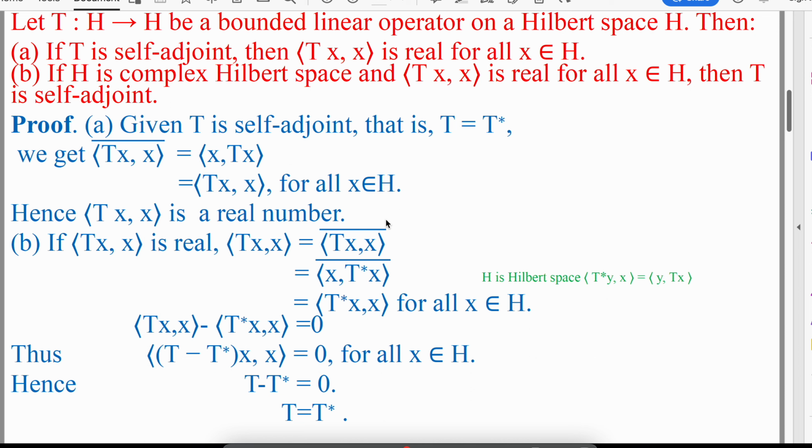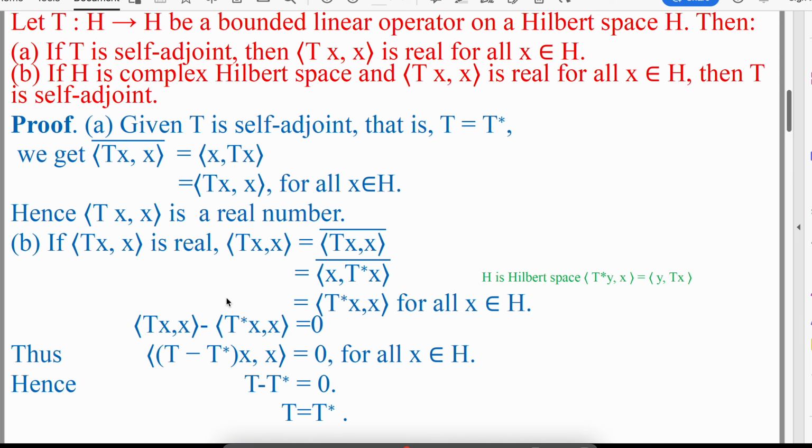Because H is a complex Hilbert space, we know that the inner product of T star y with x is equal to the inner product of y with Tx. So here it will be the inner product of x with T star x. This is also a conjugate. So its conjugate will be the inner product of T star x with x for all x belonging to H.